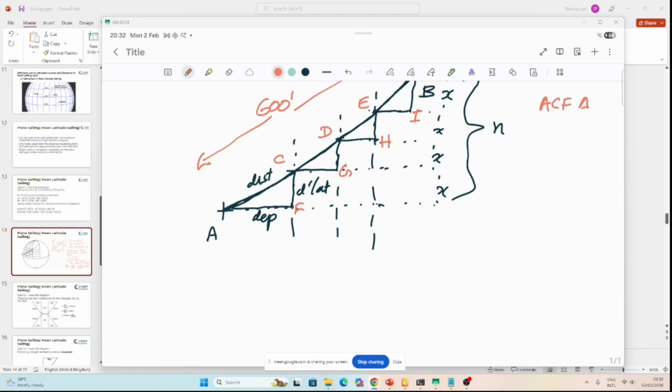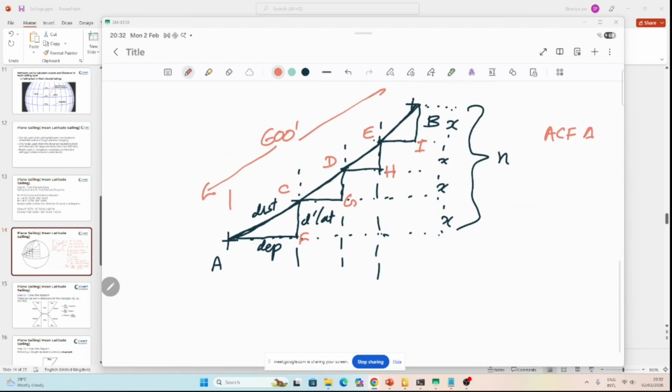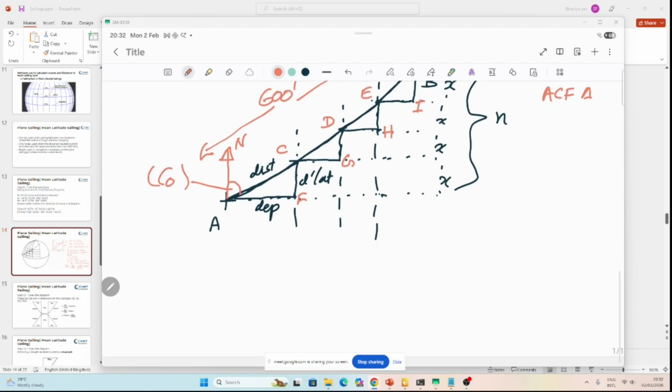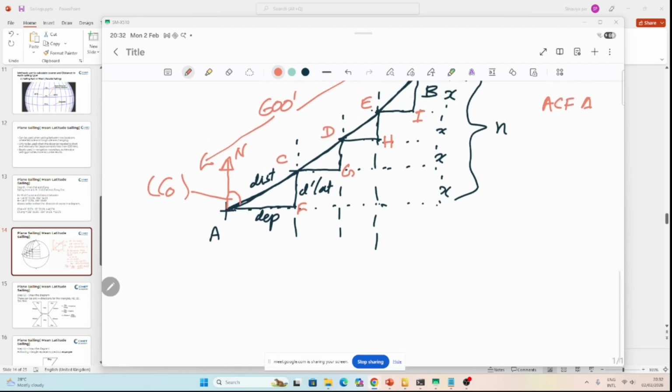So anyway, if you consider the small triangle, you know that this is north. Since this is north, this angle is going to be the course. This is your course, isn't it?